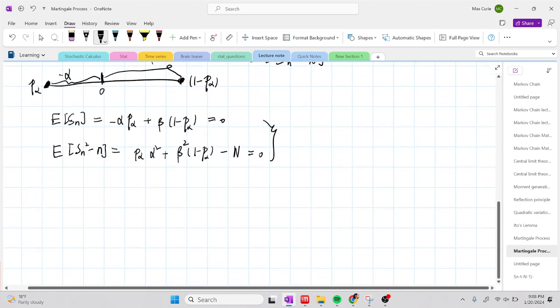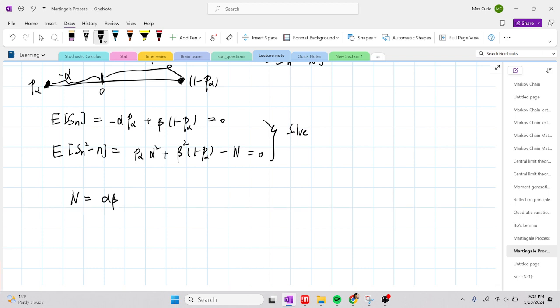Based on those two equations, if you solve it, you'll end up having n equals alpha beta and p alpha equals beta over alpha plus beta.